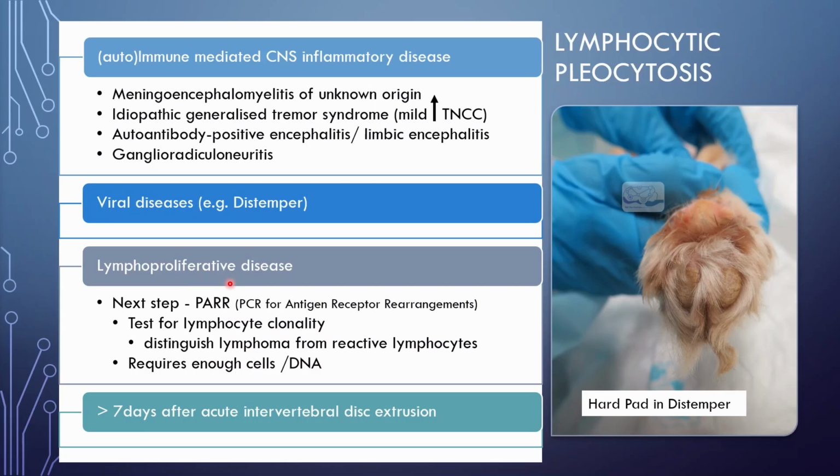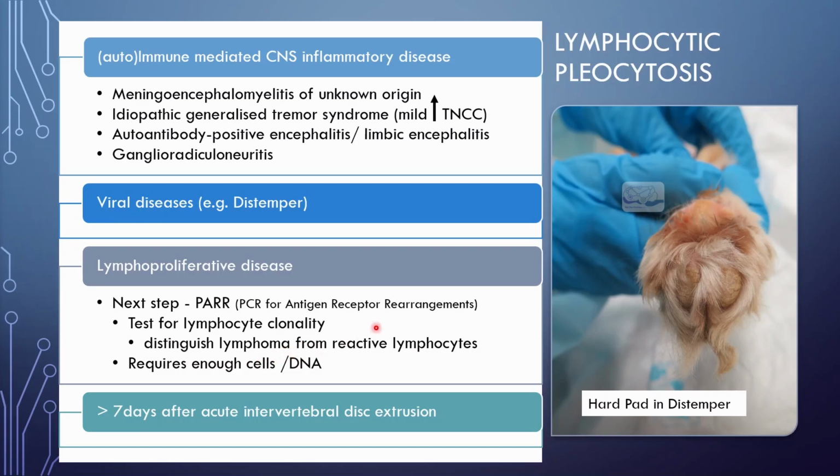You can also see it with lymphoproliferative disease, i.e. lymphoma. And that may be a surprise. You may be expecting to see lymphoma cells, cancer cells, with that, but actually sometimes you will see what looks like just normal lymphocytes. So if you do see a very high proportion of lymphocytes, then for me the next step is to take a PARR, which is a PCR for antigen receptor rearrangements. And what that is looking for is a test for lymphocyte clonality.